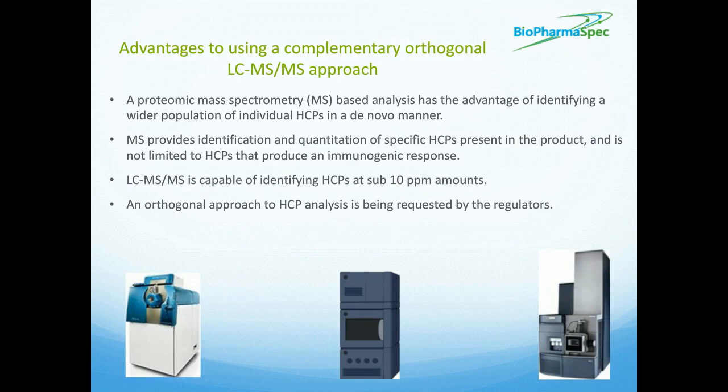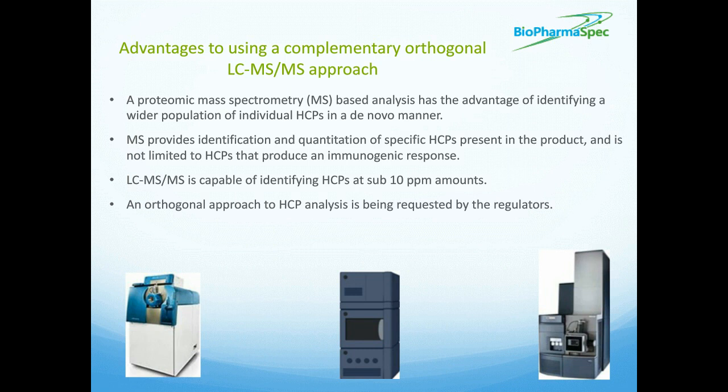Some of the advantages of using a mass spec-based orthogonal technique is that we have the advantage of identifying a wider population of host cell proteins in a de novo manner. Mass spectrometry provides identification and quantitation of specific host cell proteins in the product, and it's not limited to host cell proteins that produce an immunogenic response.